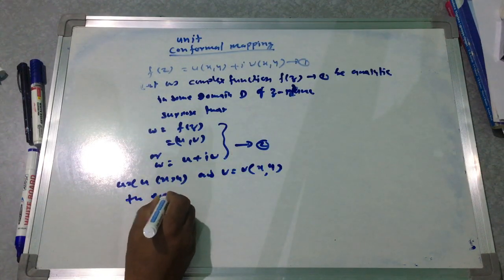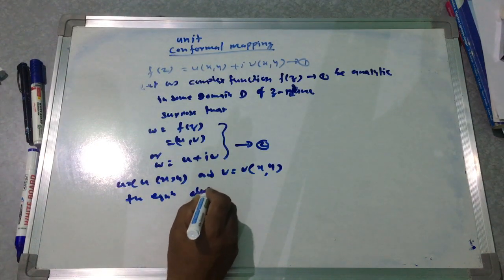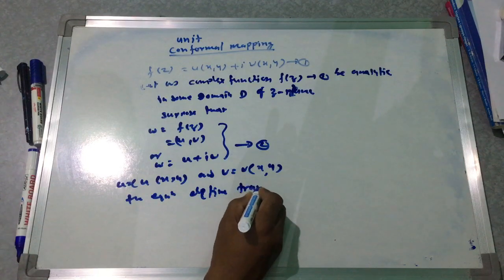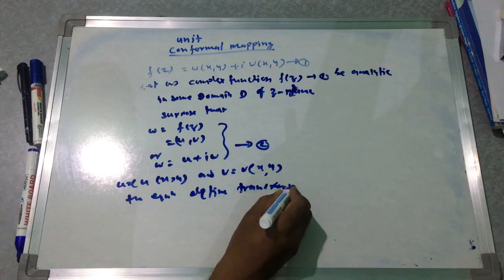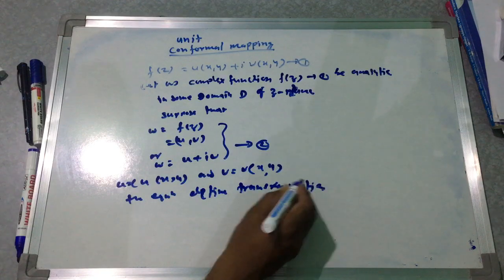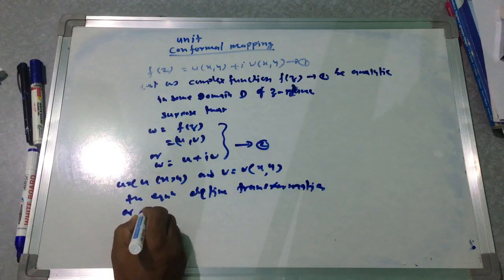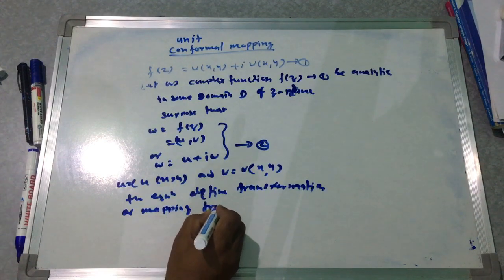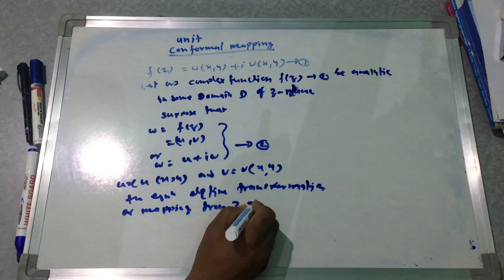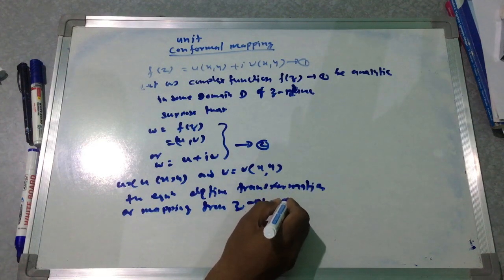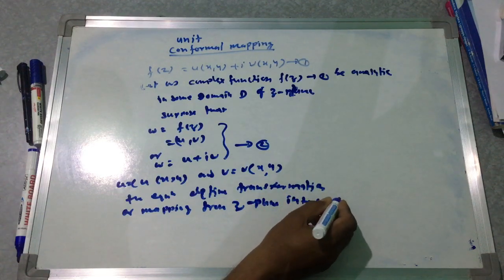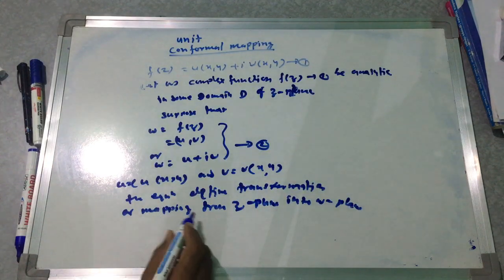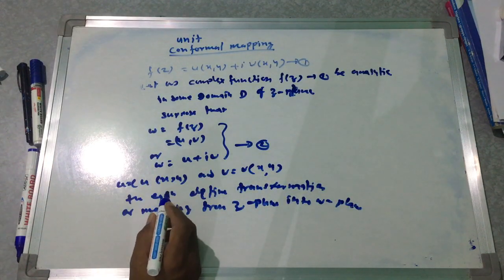These equations define the transformation, or mapping, from the z plane into the w plane. So we have to show it by a figure.